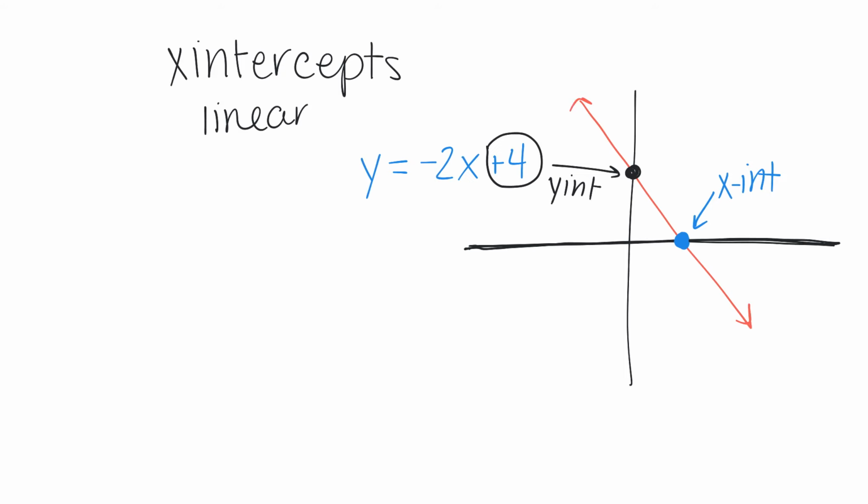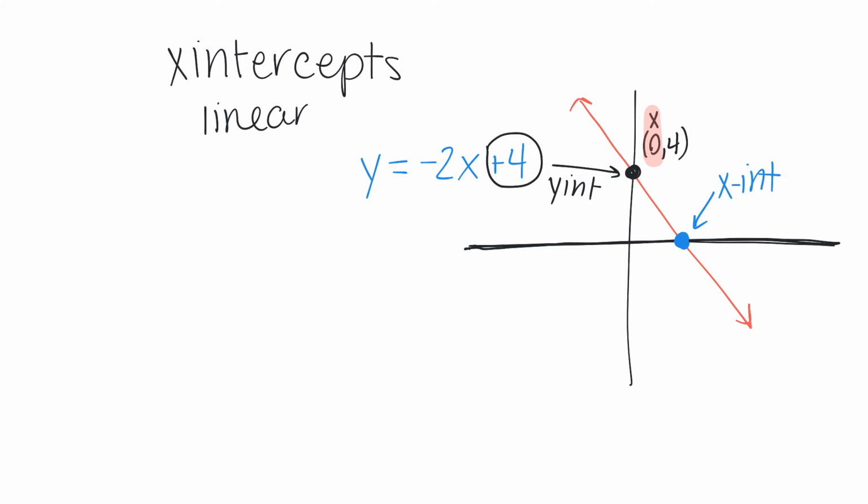Now, think about this. The y-intercept, the coordinate at the y-intercept is like 0 and 4. So the x value in a y-intercept is always, always, always 0. Because to get to that point, you don't go left or right. So y-intercepts have to have an x that's 0.